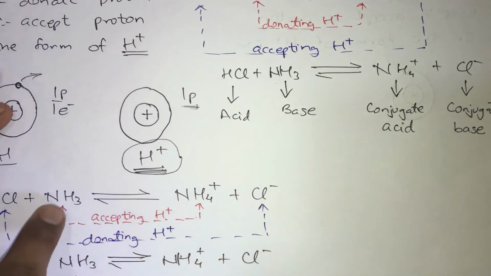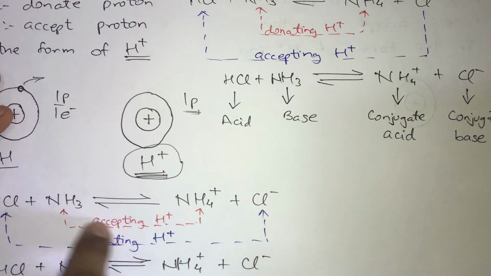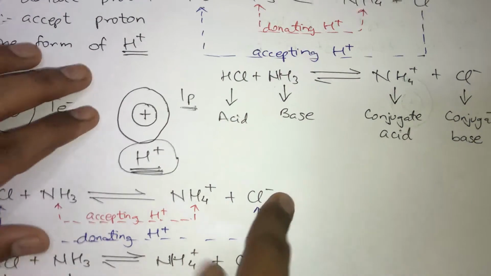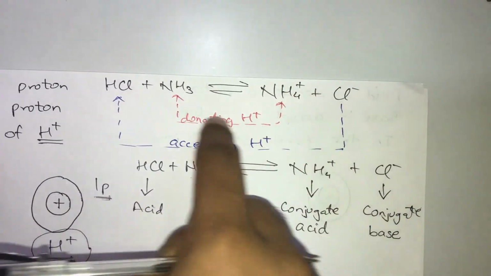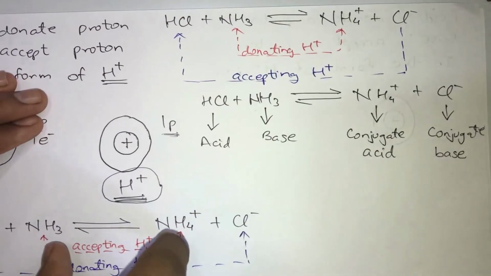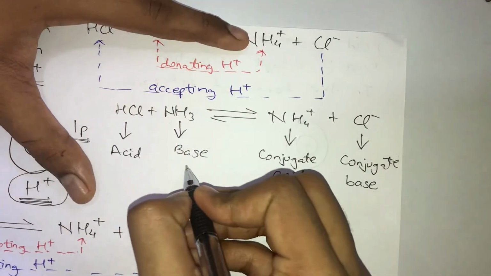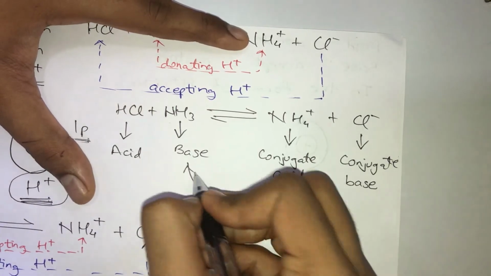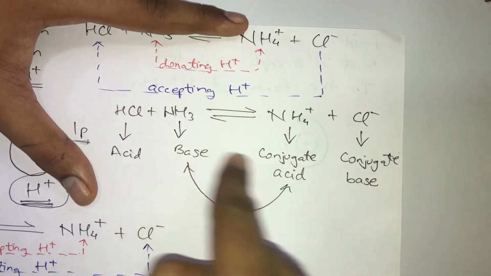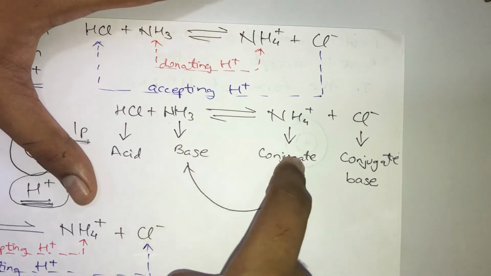This NH3 is getting converted into NH4 plus, and the same NH4 plus is again getting converted into NH3. As there is a relation between both of them, we say that these both are a conjugate acid base pair.